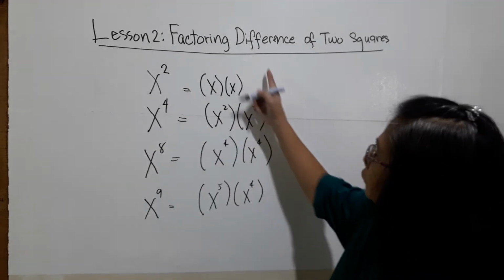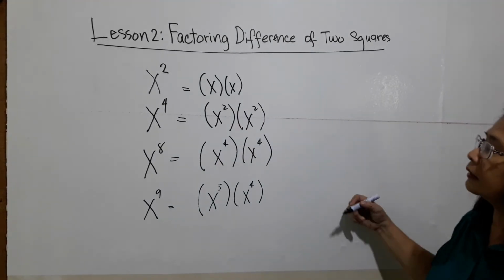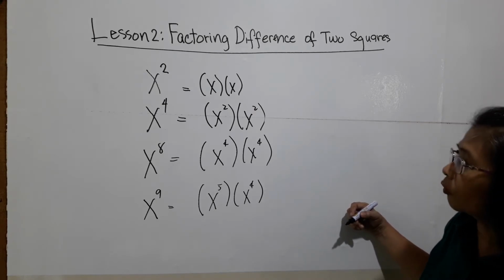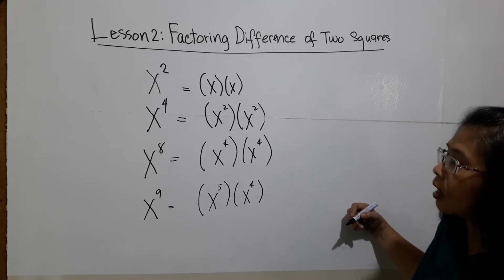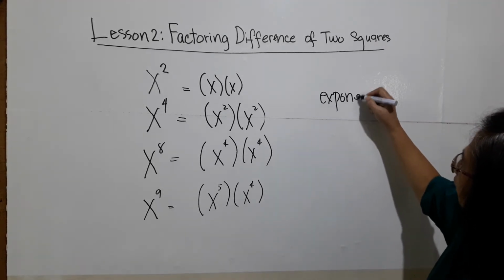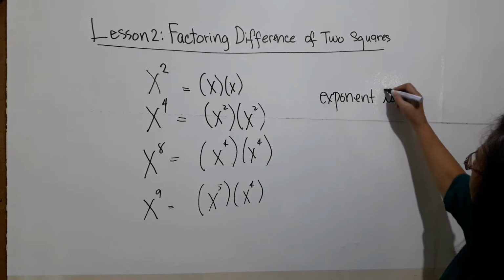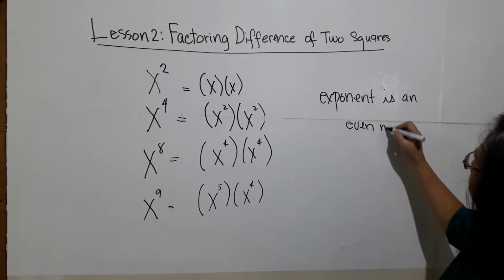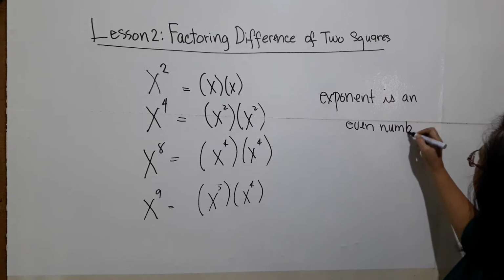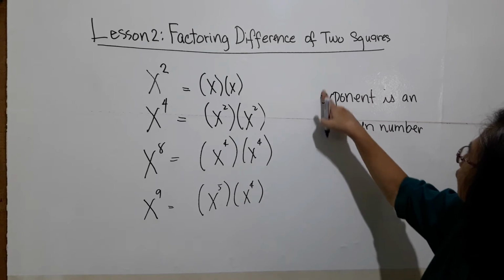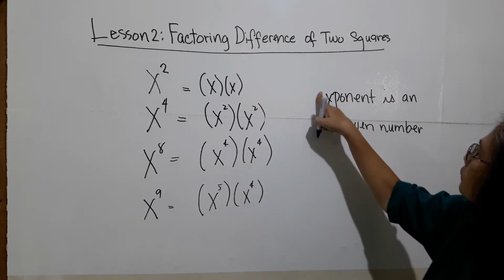So, to sum up, a literal coefficient is in squared form or a perfect square when the exponent is an even number. What is an even number? Can you still remember?